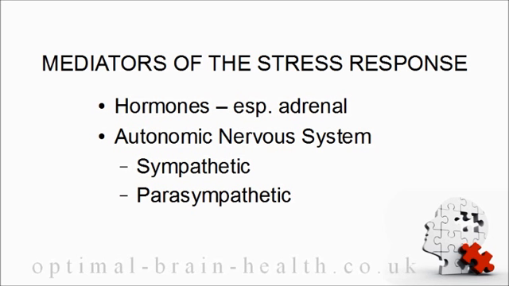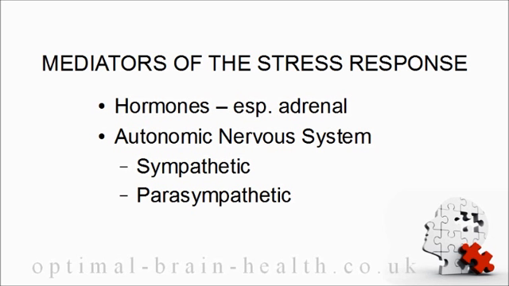These work like the accelerator and brake in terms of the body's arousal level. So the sympathetic mediates fight or flight, so it's the body's way of preparing for action. And there's a level of redundancy in the body, so it's doing the same kind of thing as the hormones.